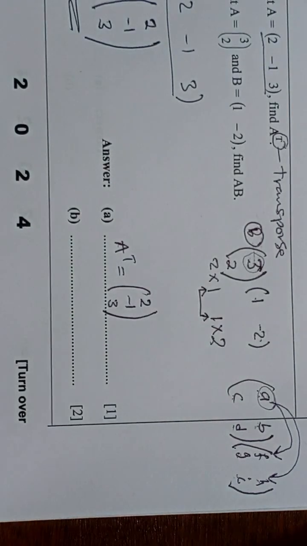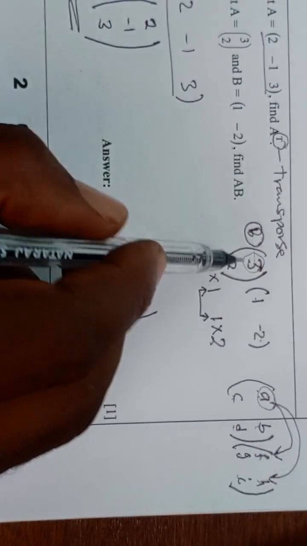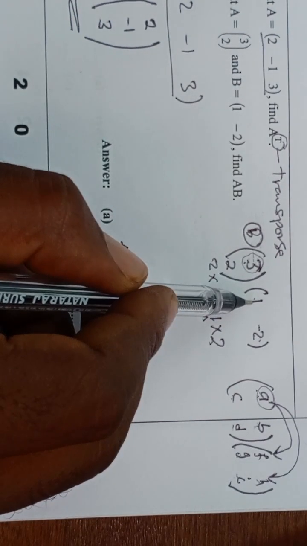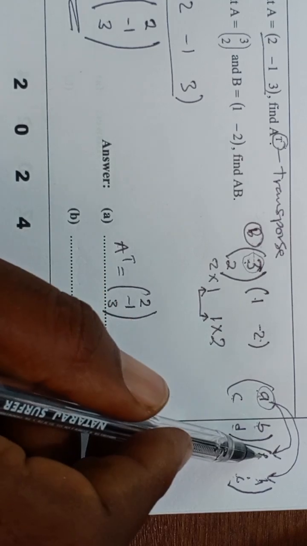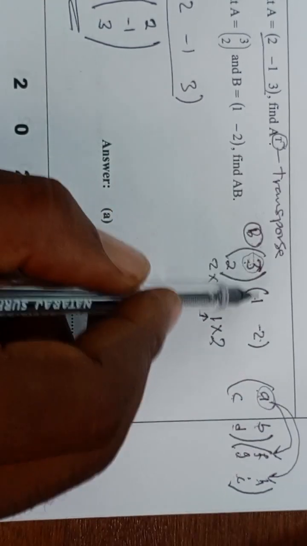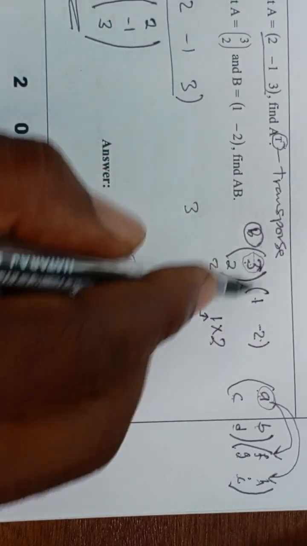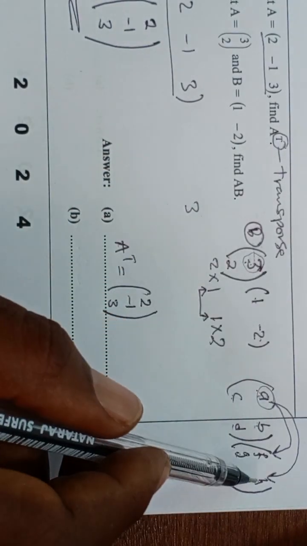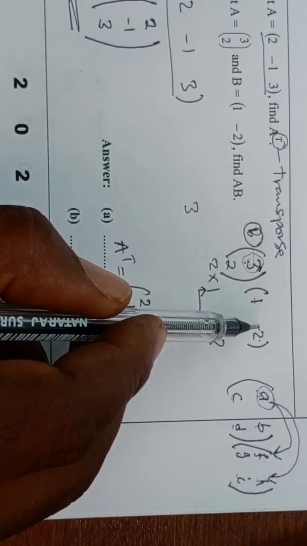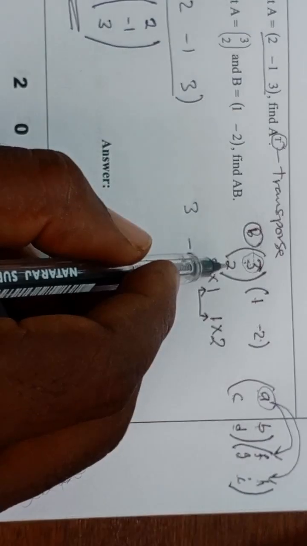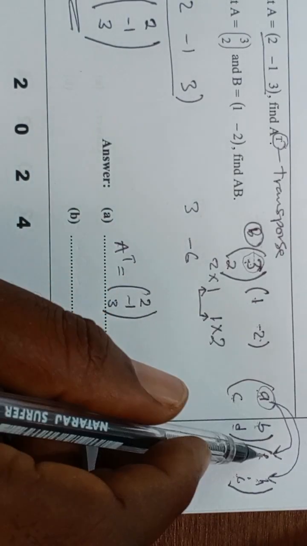So now in this case, you are going to multiply 3 times 1, which is the same as a times f. So 3 times 1, which is 3. Again, a times h, it's the same as 3 times -2, which is -6. 2 times 1, which is c times f.